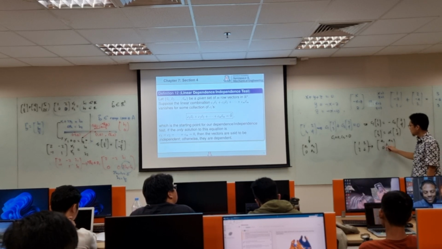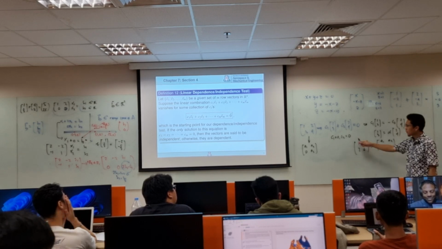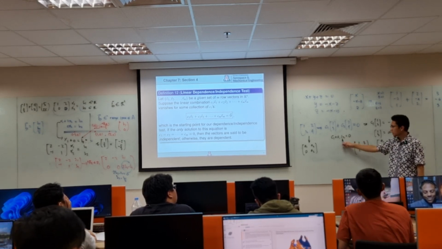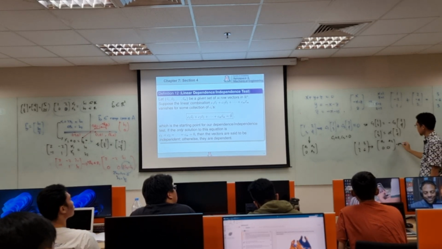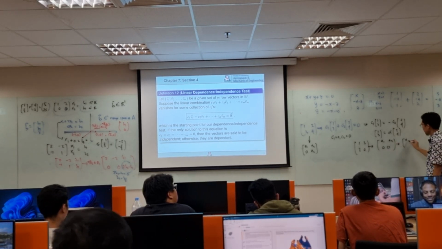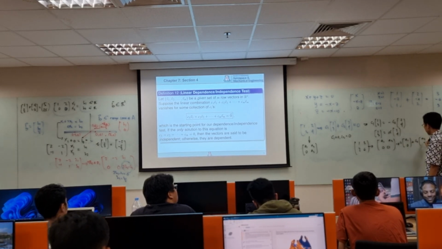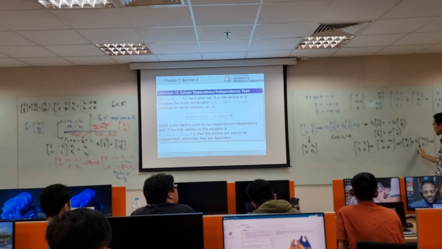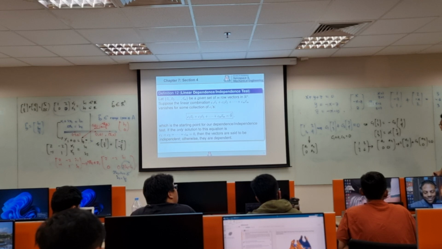How come this one is linearly dependent? If you apply this, what is C1 and C2 in here? C1 A1 plus C2 A2 equals 0. What is C1 and C2?